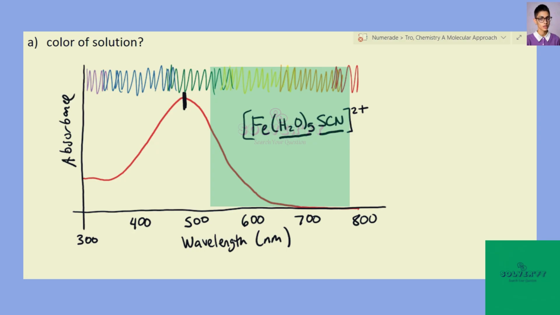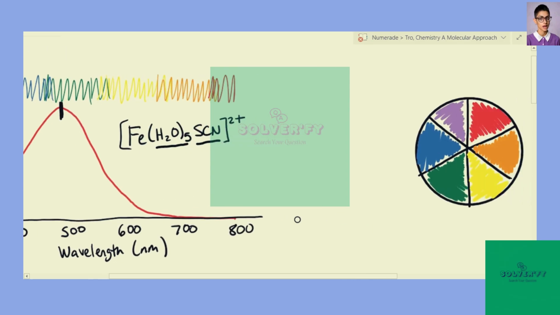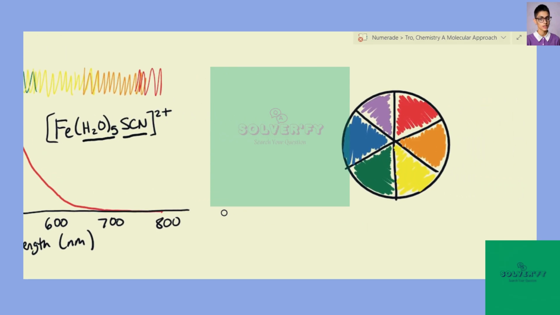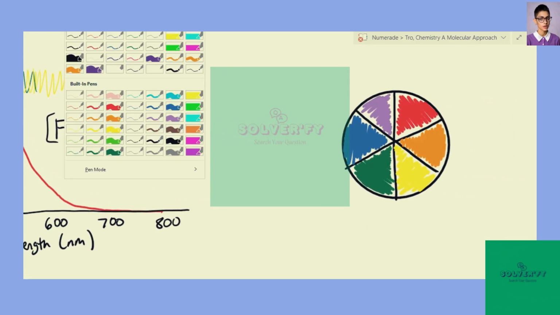So remember that this is an absorption spectrum. So if we are absorbing green light, what light are we transmitting? To figure that out, we need to take a look at our color wheel.